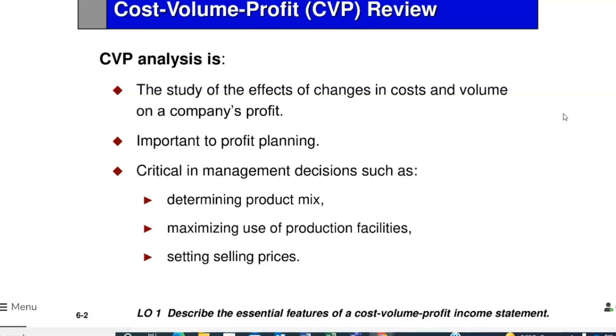And so you're looking at alternative courses of action quite often, and you analyze the cost and profit of each of those courses of action. Now, it's very important too when I have multiple products, because all products do not contribute to profit equally.